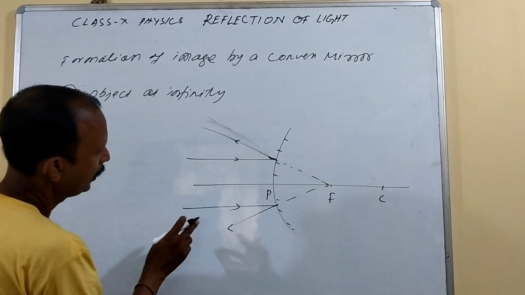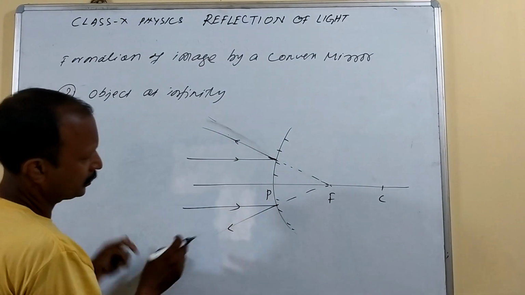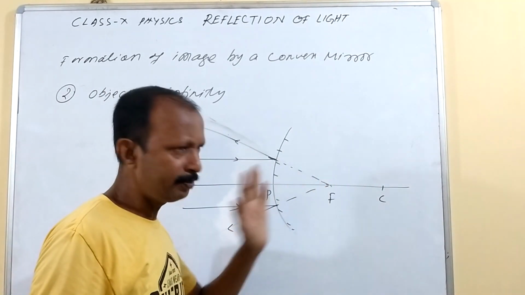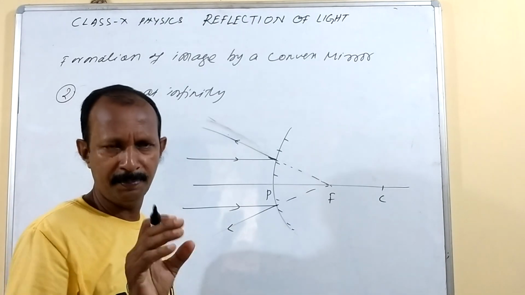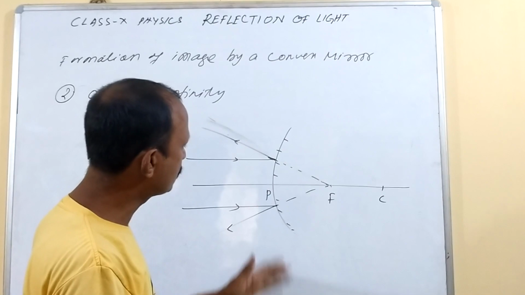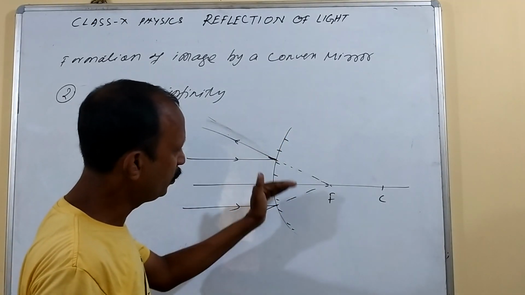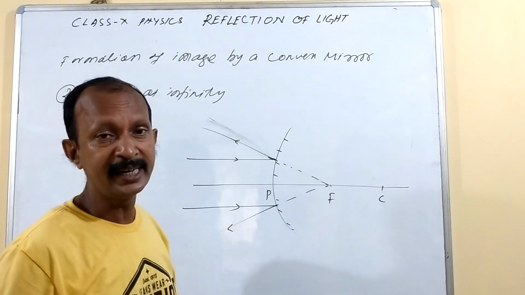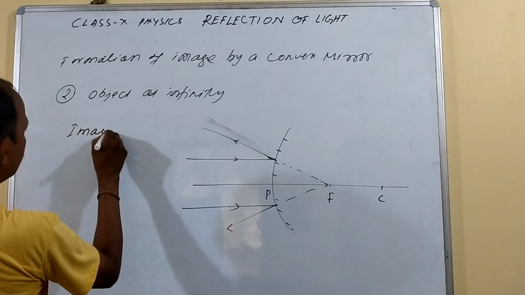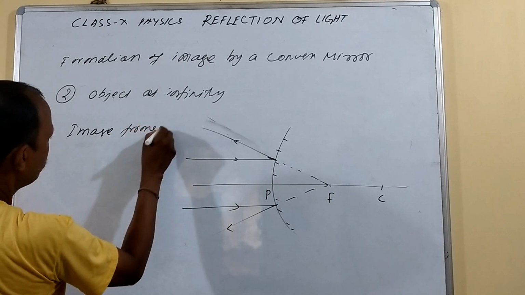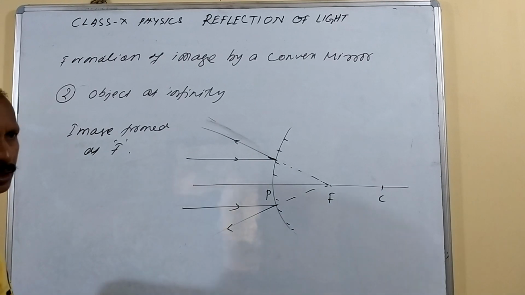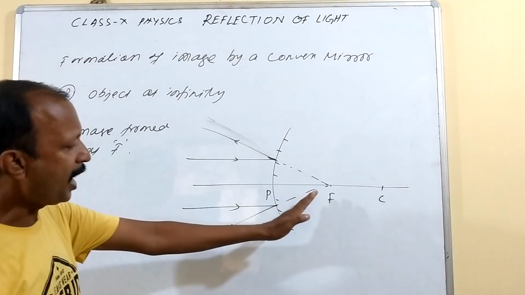See that these two reflected rays seem to be coming from the focus. That means the image is formed at the focus. It is behind. In case of a convex mirror, you know that the focus is behind the mirror. So I can say that the image is formed at F. Image formed at the focus.